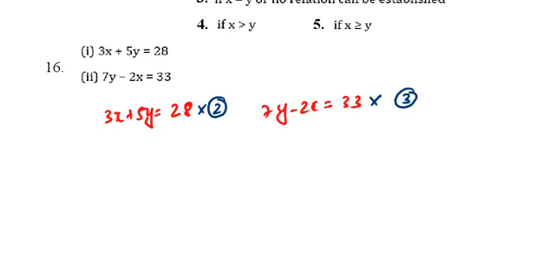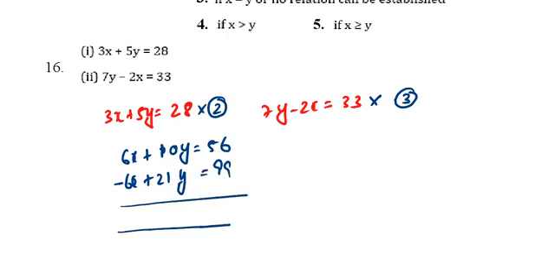If I multiply the first equation with 2, 6x plus 10y is equal to 56. Now this one minus 6x plus 21y is equal to 99. Now adding these two, we will get 31y is equal to 155. Y value 5 I am going to get.